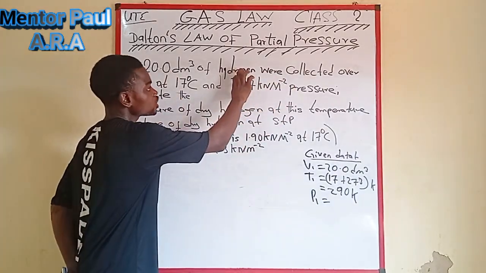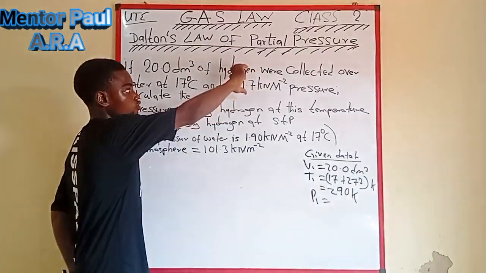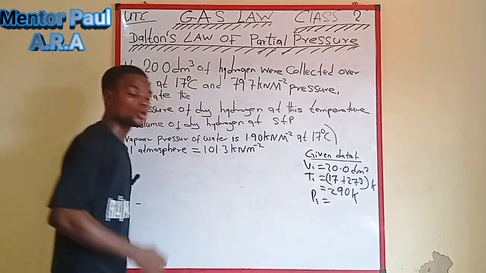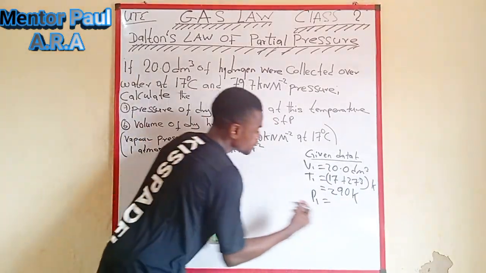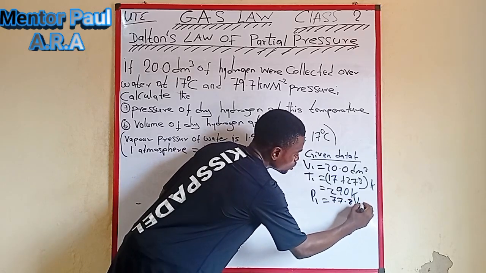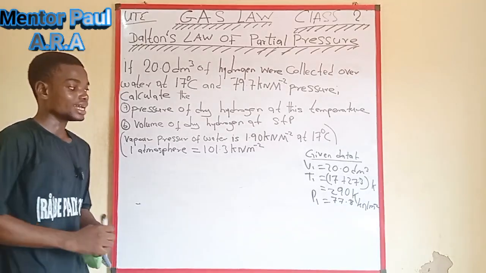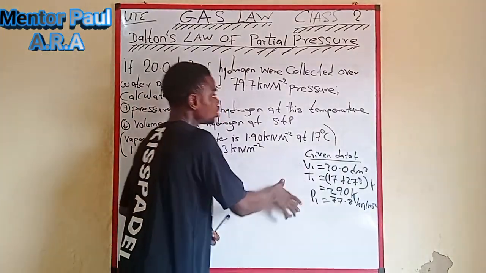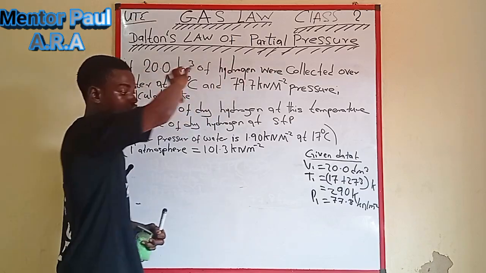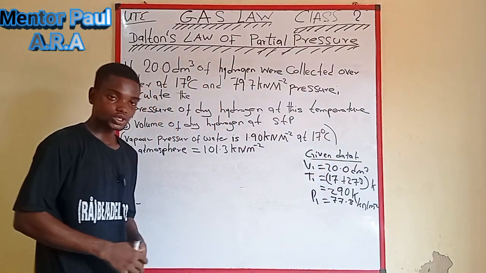Remember that this pressure contains water vapor pressure and the pressure of hydrogen. But we have calculated the pressure of dry hydrogen. What was the pressure of dry hydrogen? The pressure of dry hydrogen was 77.8 kilonewton per meter square. That is under non-standard temperature and pressure. This is the condition the gas was collected over water in.